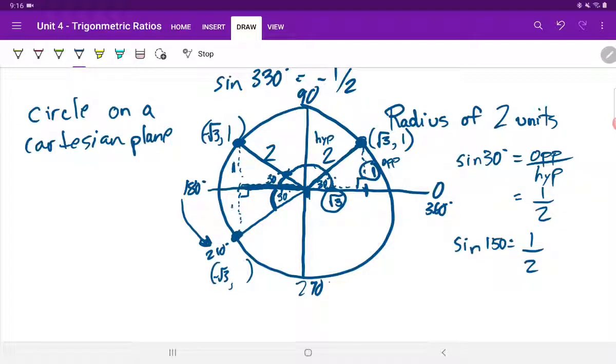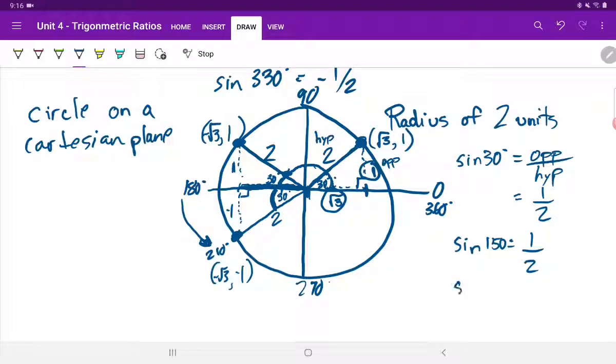So it's no longer just 1, it's actually negative 1. The radius, because it's a measurement, it always remains positive. It's our hypotenuse in this case, but it always remains positive because it's a measurement, right? It's not a mathematical value on the Cartesian plane. It's strictly measuring what that line is, and it's 2 units.